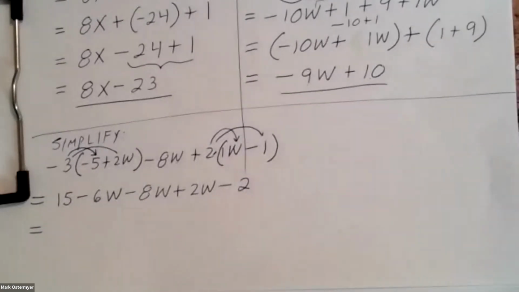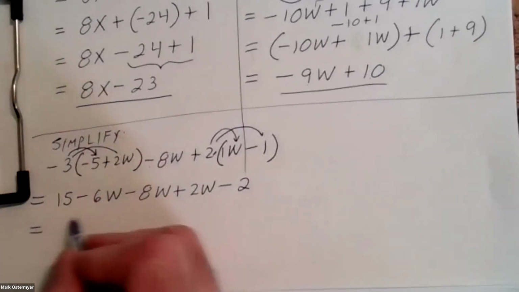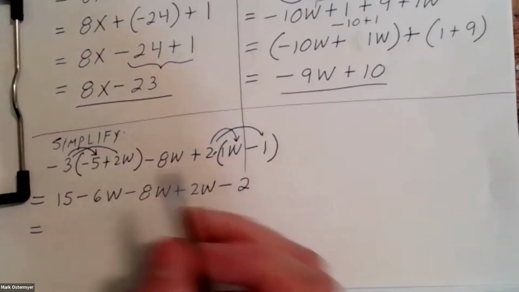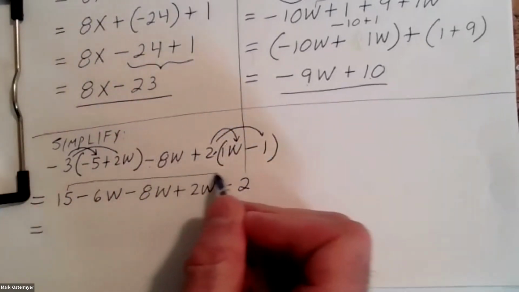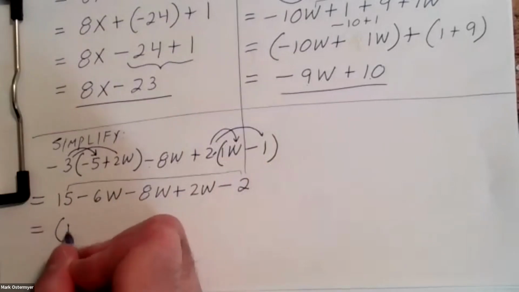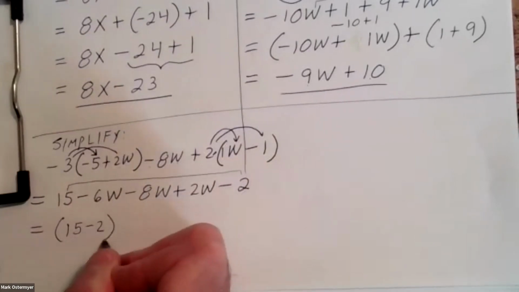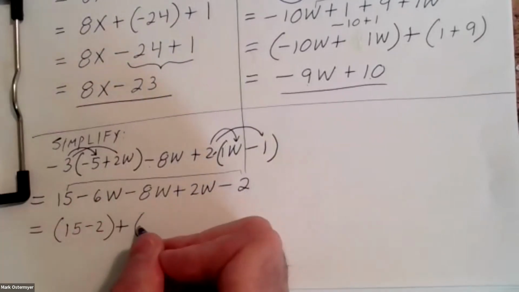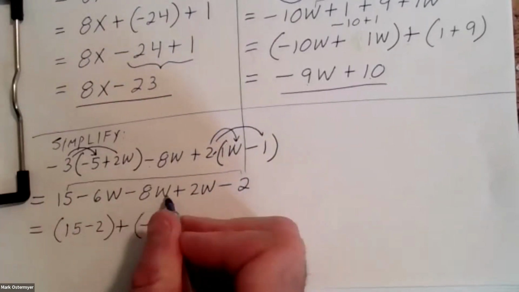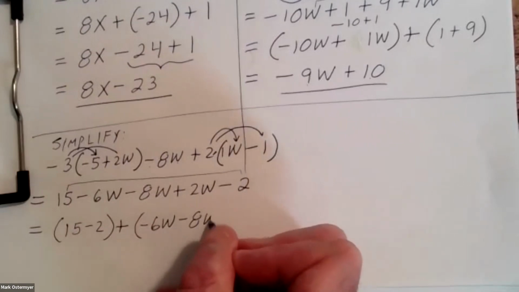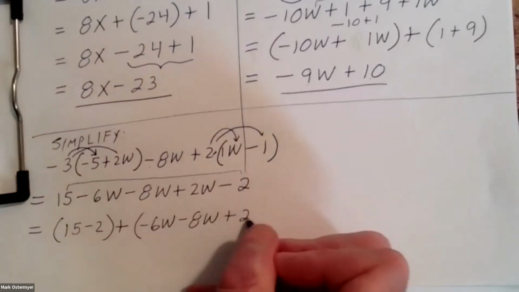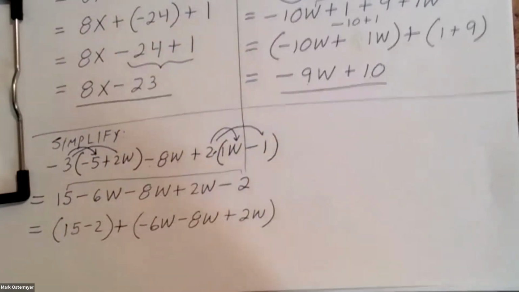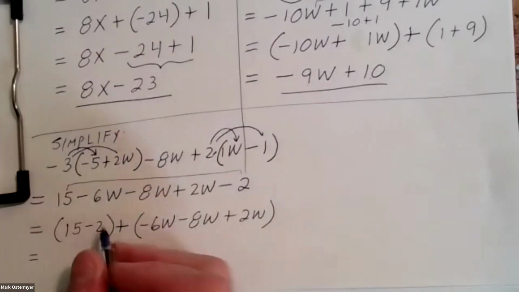Now we have to combine like terms. So notice I have some constant terms that need to get together, 15 minus 2. And I've got some w terms that need to get together. I have a -6w minus 8w plus 2w. All these need to get together. Now what's 15 subtract 2?